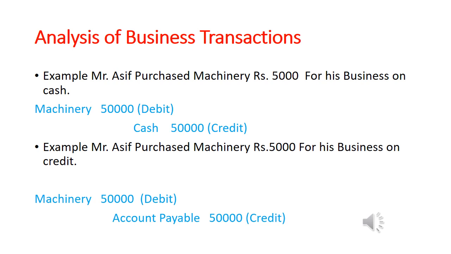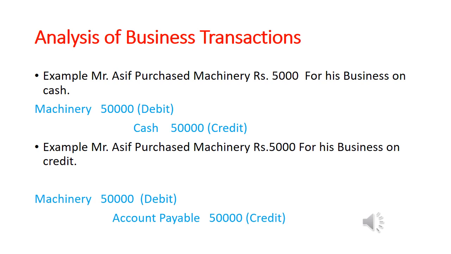For example, Mr. Asif purchases machinery worth rupees 50,000. This is a business transaction. It will bring two changes. Machinery increases by rupees 50,000 as an asset, and the cash decreases by rupees 50,000, also an asset.